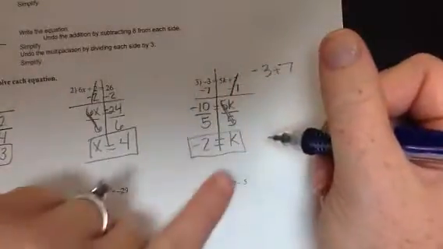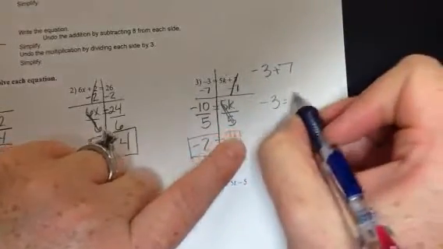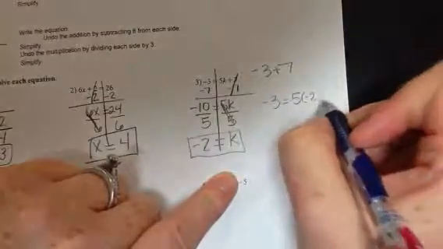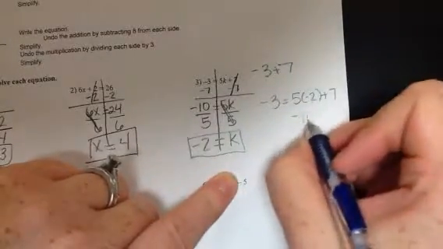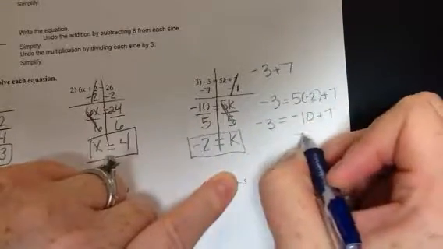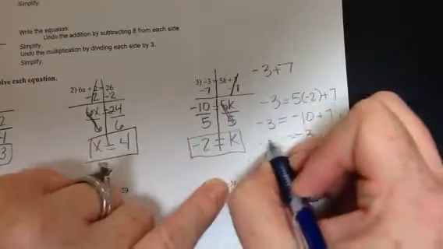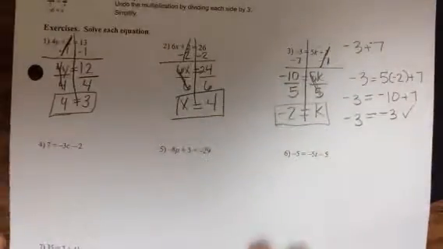If we were to go back and put this back in the top, we could say negative 3 equals 5 times negative 2 plus 7. 5 times negative 2 is negative 10 plus 7. Negative 10 plus 7 is negative 3, so negative 3 equals negative 3. So that does check out. You can go back and check every one of them if you're unsure about your answer.